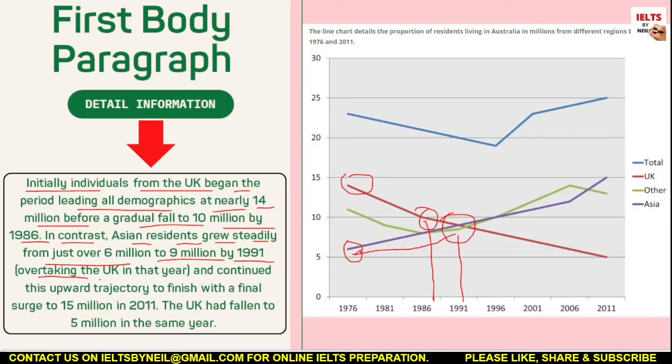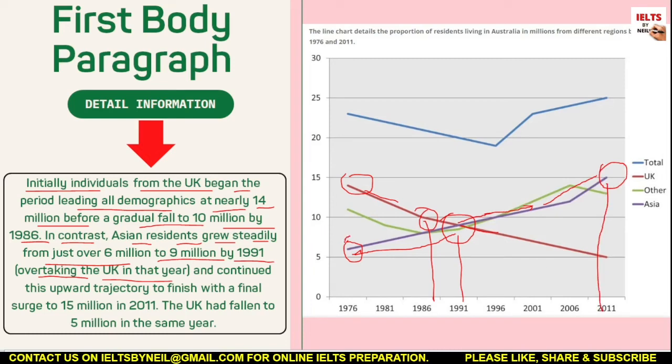Now, overtaking the UK in that year, which is true because the red one is coming down and the Asia, which is blue one, is going up, okay, and continue this upward trajectory in this direction here to finish with a final surge to 15 million in 2011. To finish with a final surge means final increase to 15 million in 2011, okay.